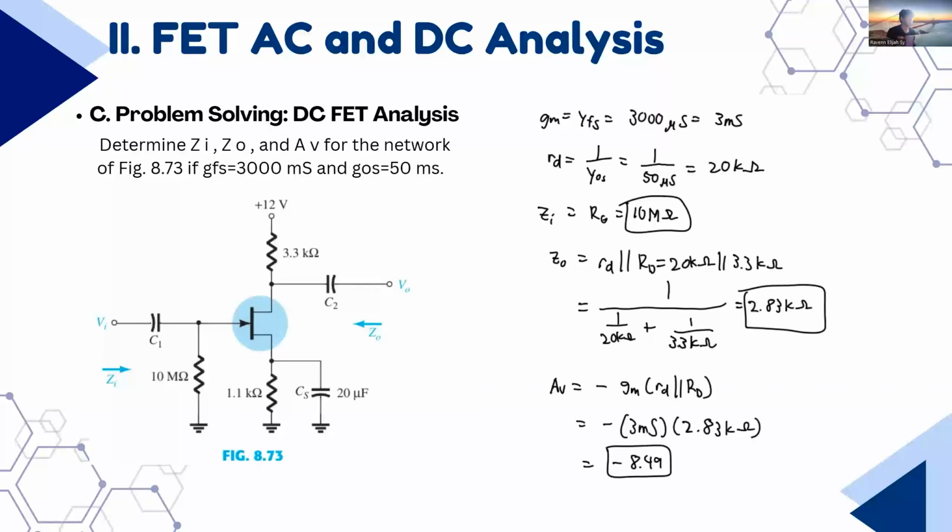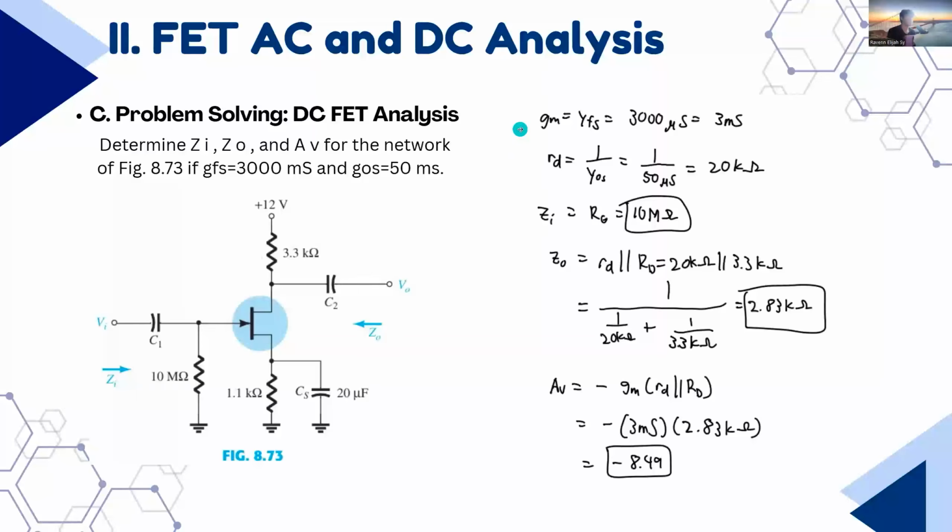Okay, so we have the circuit given here. VDD is 12 volts and the other resistors are stated here: drain to source and gate resistors.